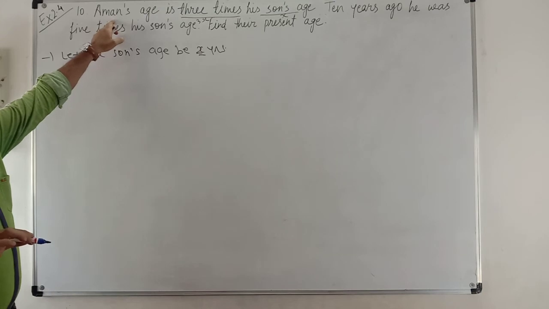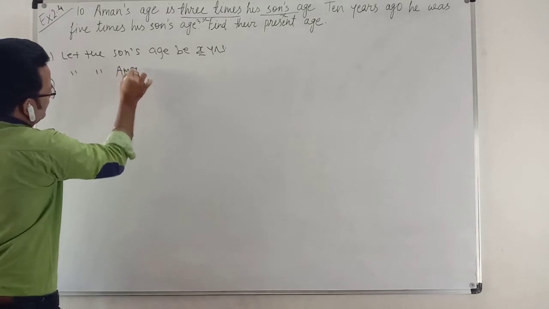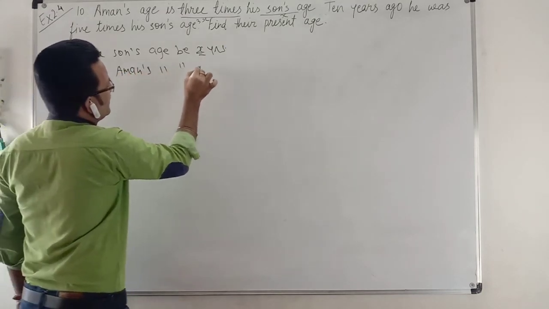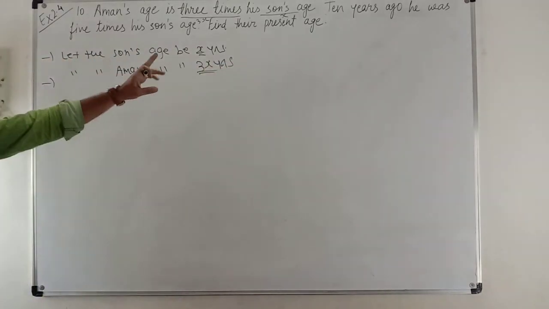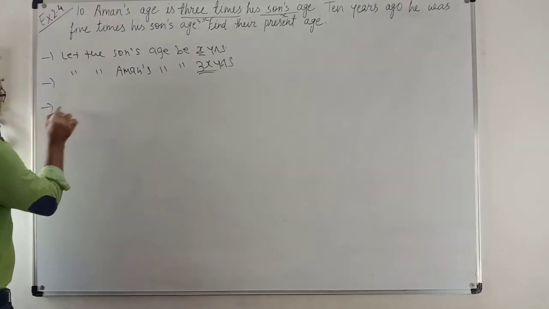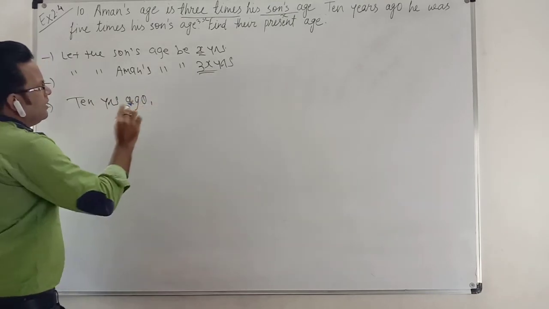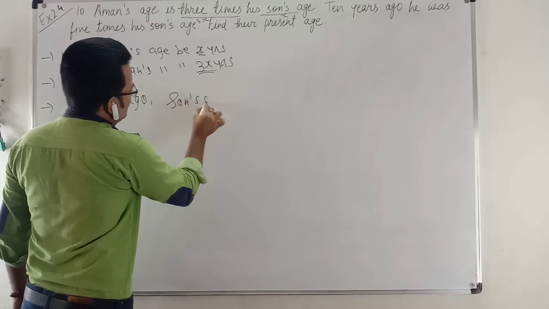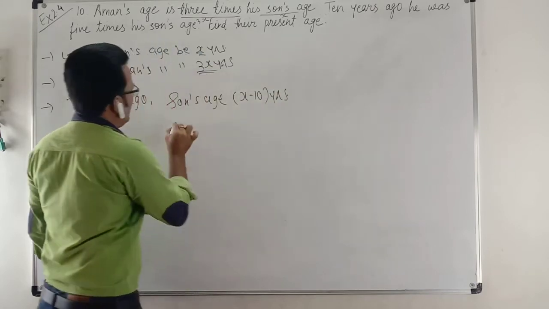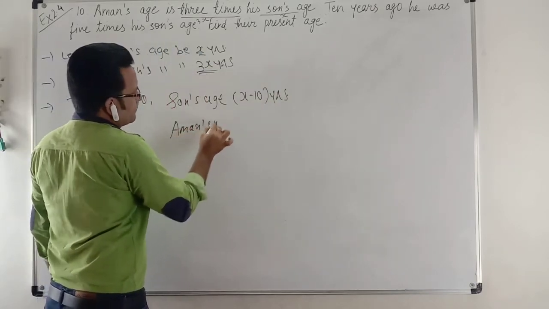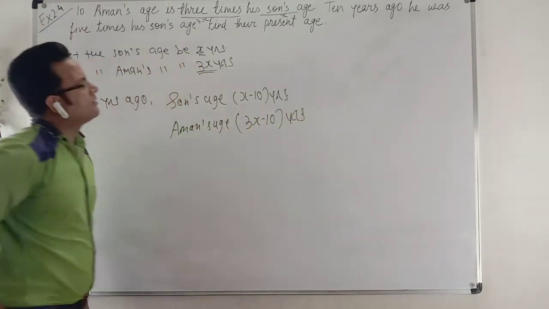So Aman's age is 3 times. Let Aman, means father, Aman's age be 3x years. Now 10 years ago, understand, son's age will be x minus 10 years, and Aman's age will be 3x minus 10 years.